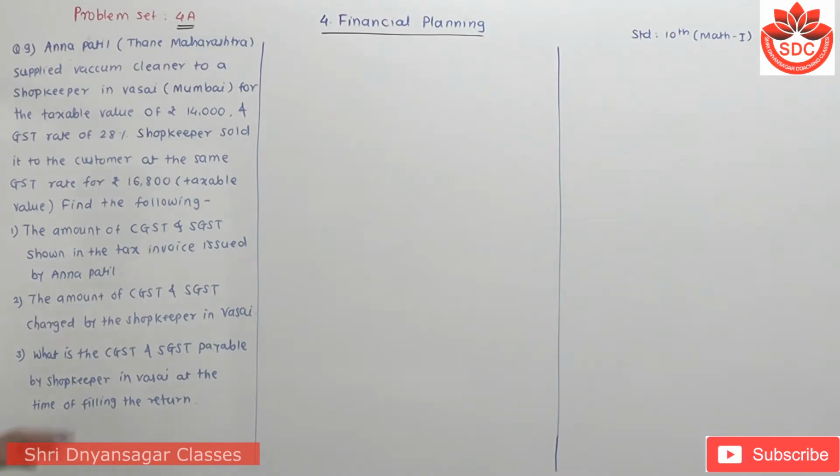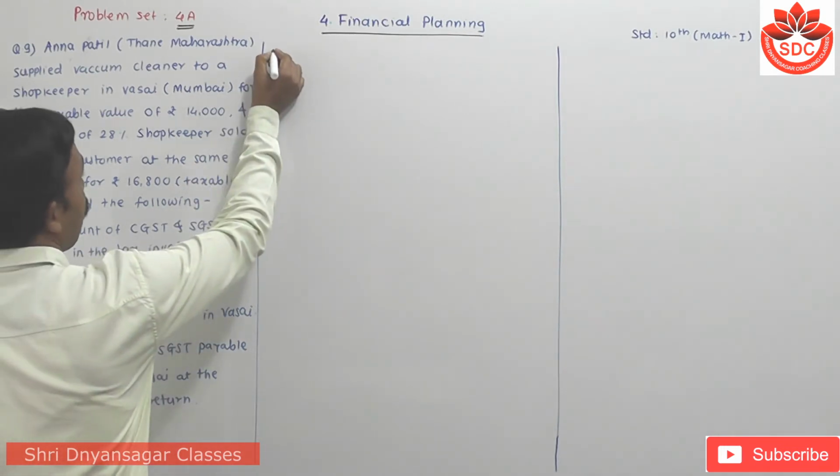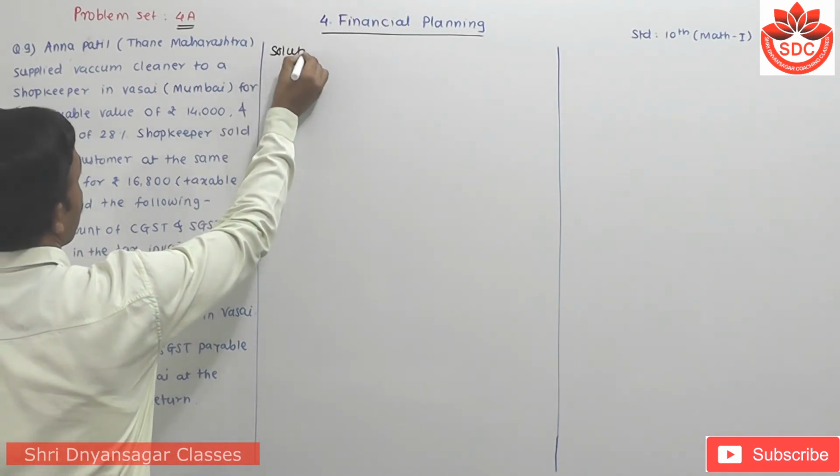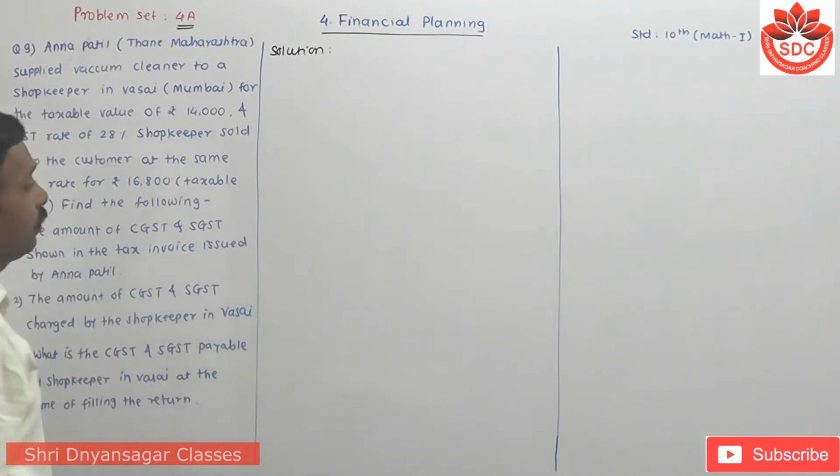Now student, I have to take this example here. The answer of this example is, here is the solution. So here the output tax collected by Anna Patil from the shopkeeper is taxable amount into rate of the GST. Means the taxable amount is 40,000 into rate of the GST is 28%.